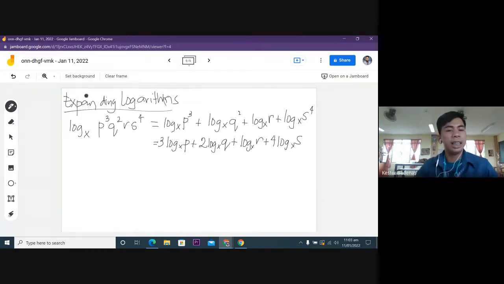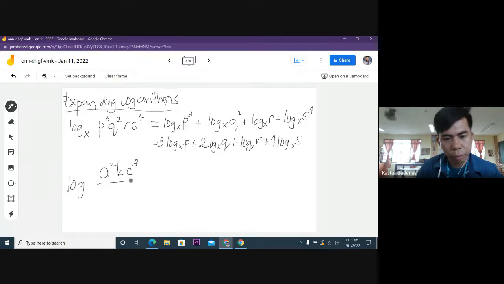Okay? Sige, next example tayo. And then, after the 2 examples, sige, bigyan ko kayo ng example for you to answer. Okay? Sige. Let's have logarithm of a squared b c cubed over d with the base 4.